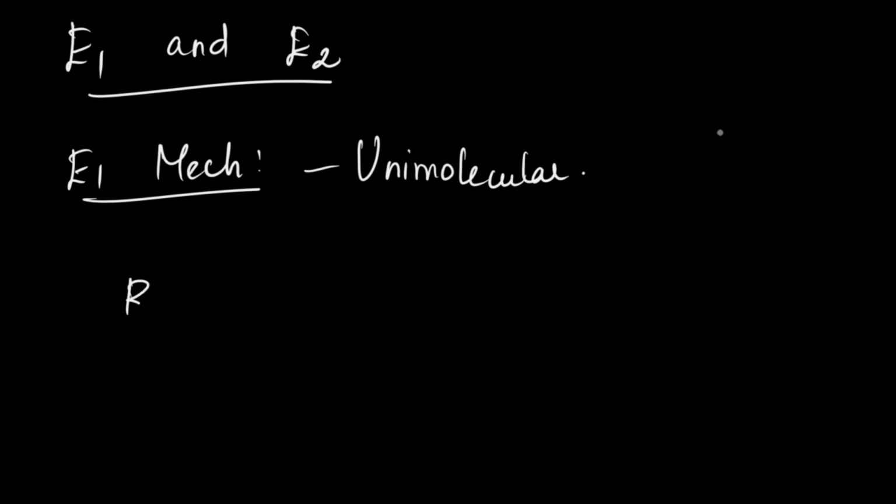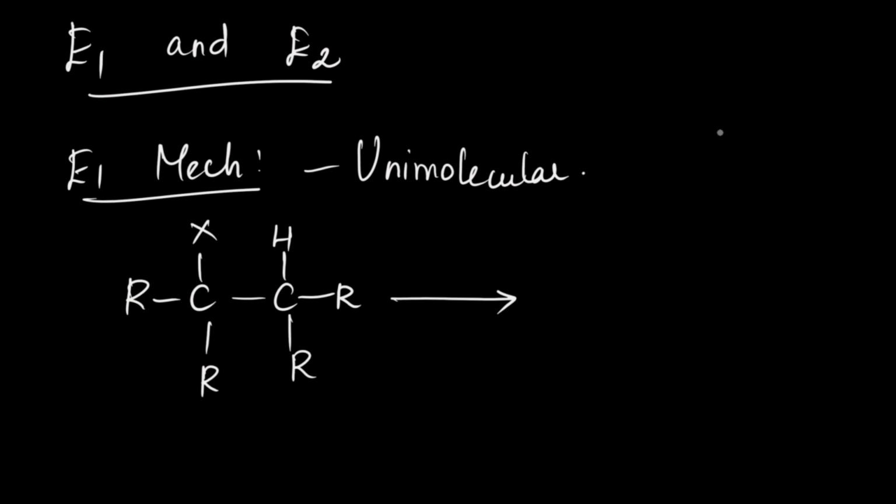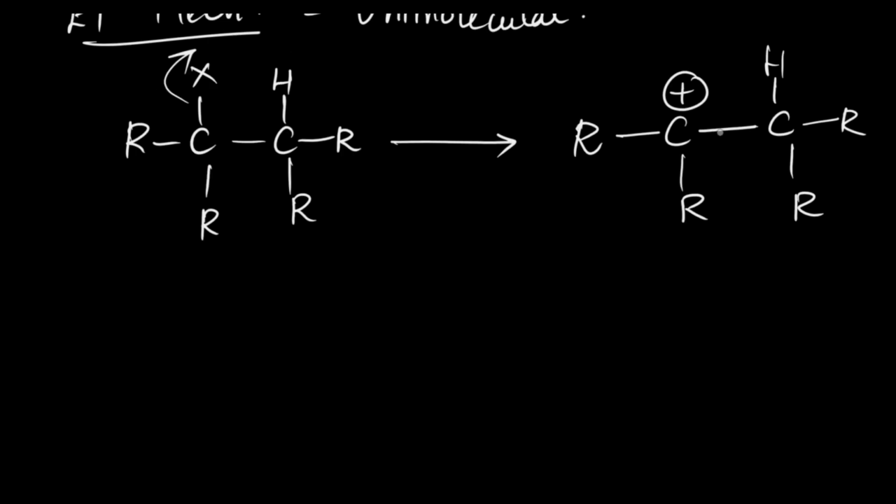For example, I am taking a compound like this. The first step will always be carbocation formation. So the leaving group leaves. This is the rate determining step, so that becomes the unimolecular reaction.